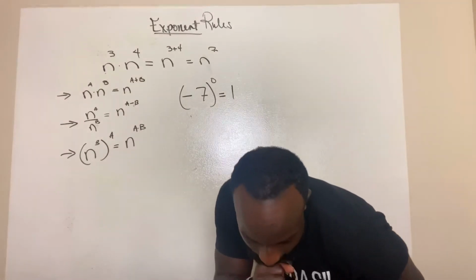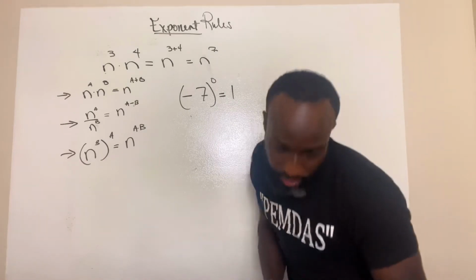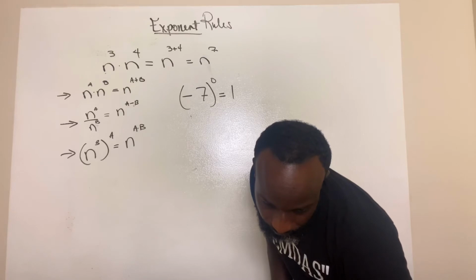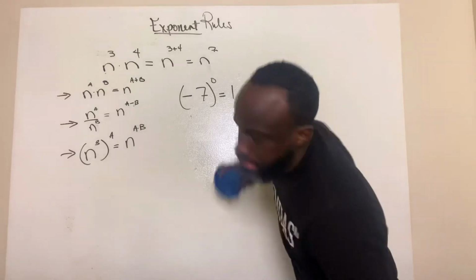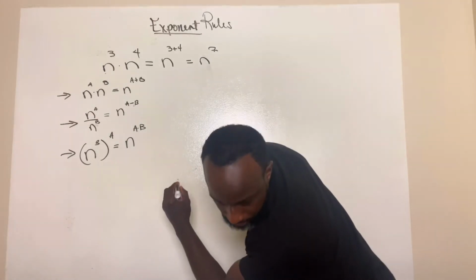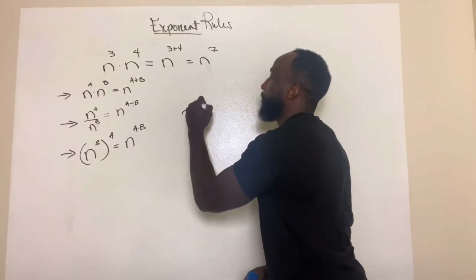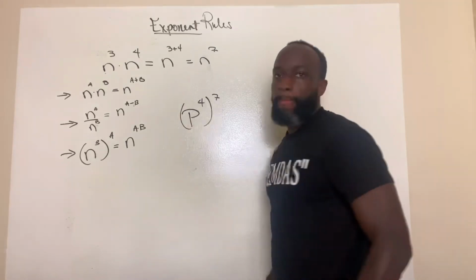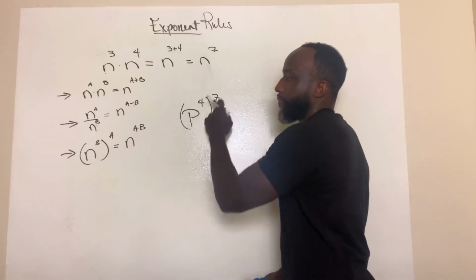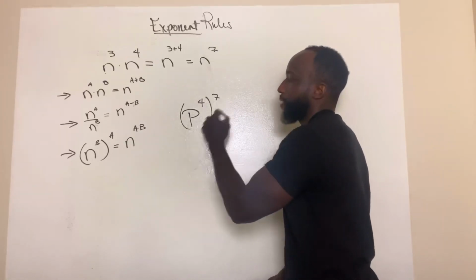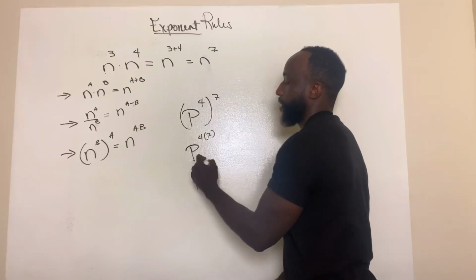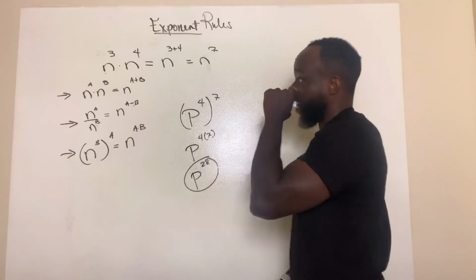What if I had, check this out, p to the 4th to the 7th, right? P to the 4th to the 7th, all right? This is a power raised to a power. So it's going to be p to the 4 times 7. 4 times 7 is 28, okay?